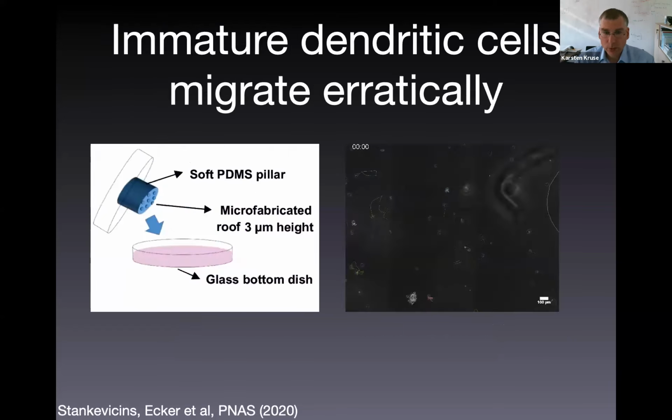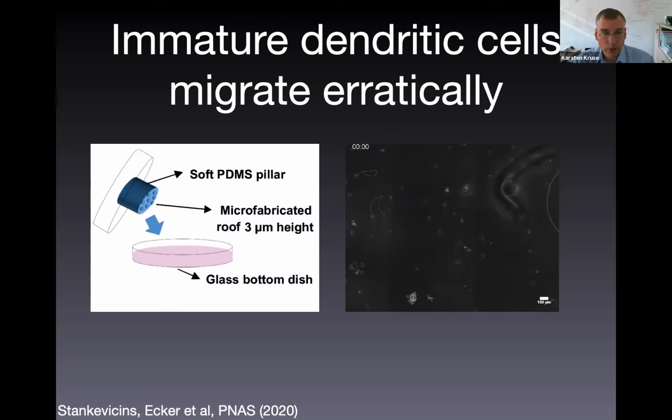Now, I don't want to discuss random or erratic motion in the context of T cells, but rather go to a different kind of immune cells, so-called immature dendritic cells. The reason is that these cells do not rely on adhesion in order to migrate, and therefore the mechanism underlying migration is somewhat easier to understand. In order for these cells to move, as they don't adhere to the substrate, they have to be sandwiched between two plates, and there they can move forward.